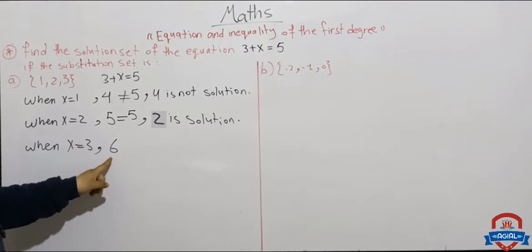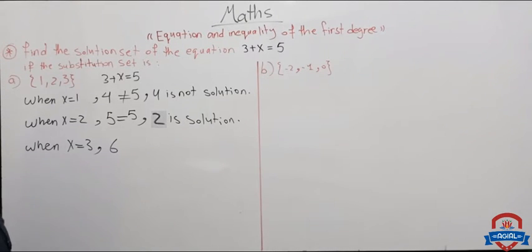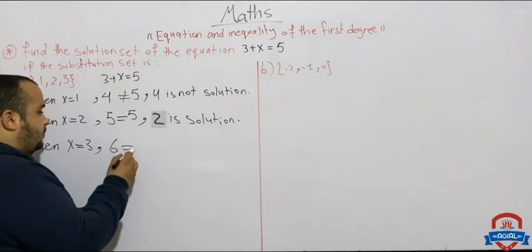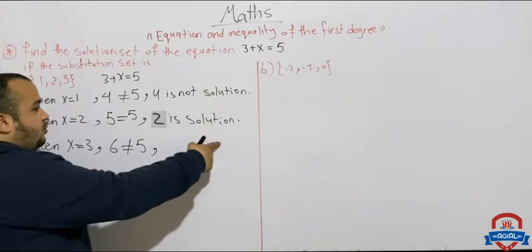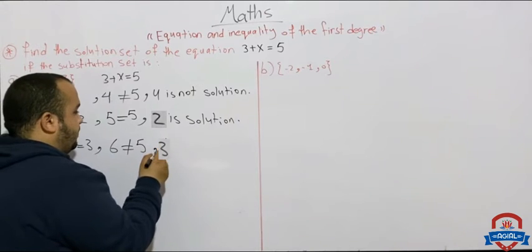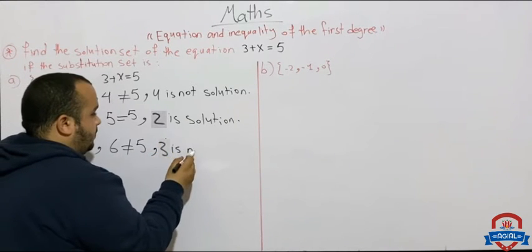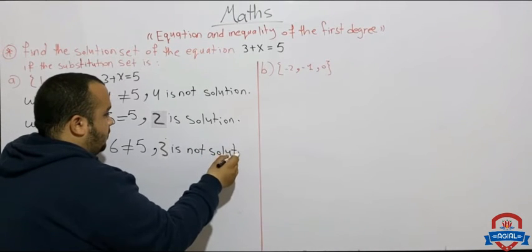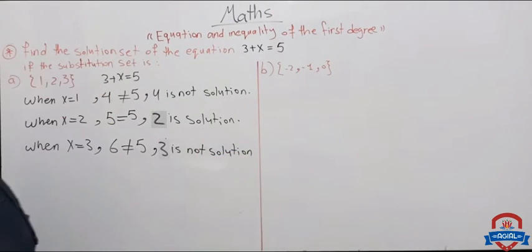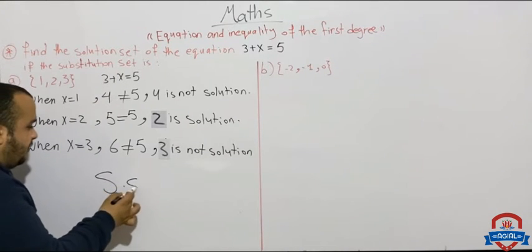So the left hand side is not equal to the right hand side. Then 3 is not a solution for the equation. So the solution set of this equation equals the set of number 2.